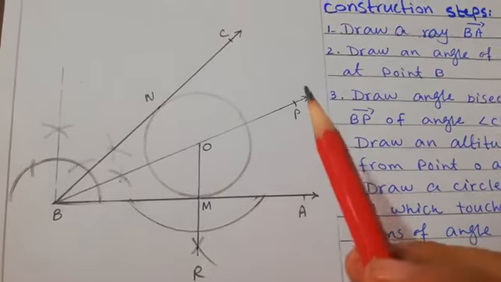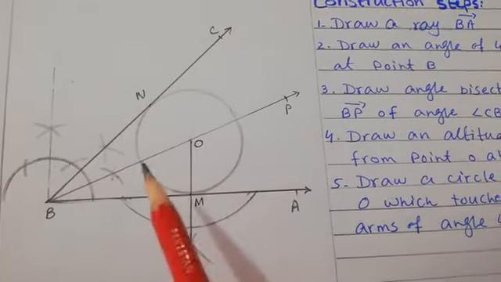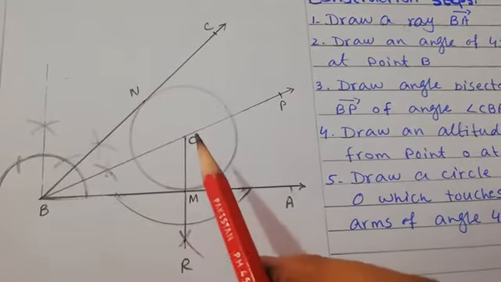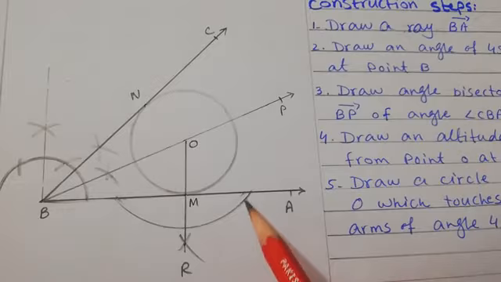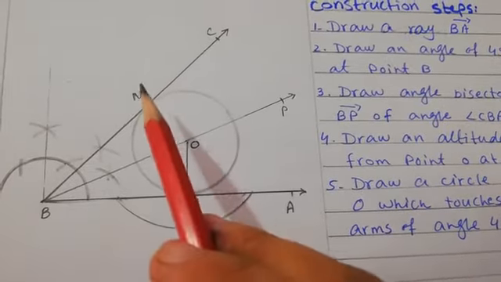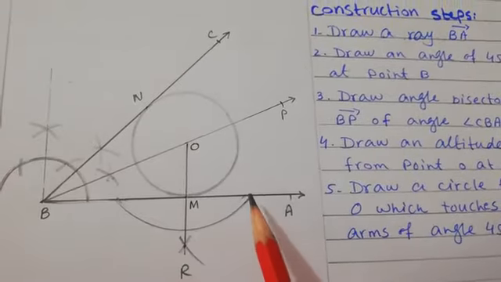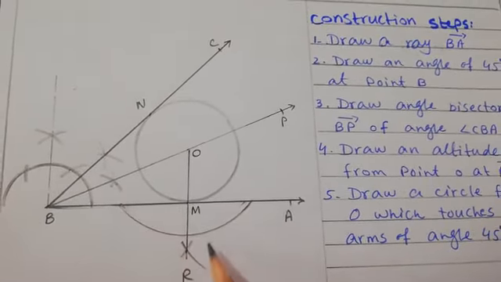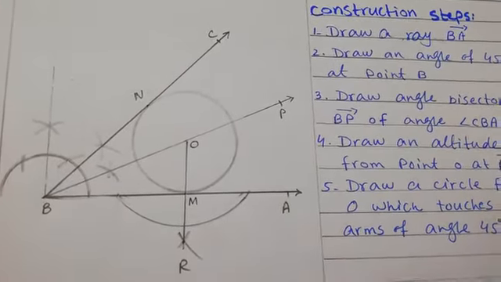After that, my dear students, we will draw the line, and put your compass at any point of that angle bisector, and then you will draw the altitude. How can you draw it? You will put the compass here and draw an arc, and you can also draw the altitude on that line. Then put your compass here and draw an arc, put your compass again here and draw another arc, and join this to the point where we fixed the compass.